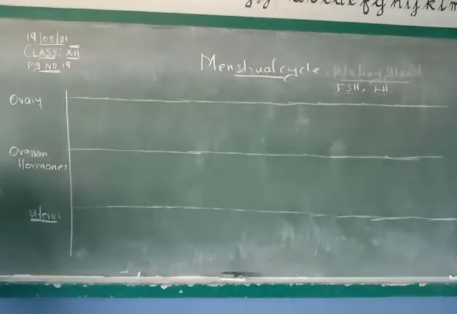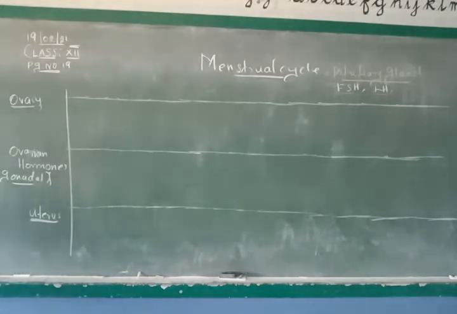So the ovary will synthesize two ovarian hormones. What are those hormones? Progesterone and estrogen. These are the ovarian hormones. Otherwise, we will call these hormones gonadal hormones. Why gonadal hormones? Because they are synthesized or secreted inside the gonads of the female, in the ovary.